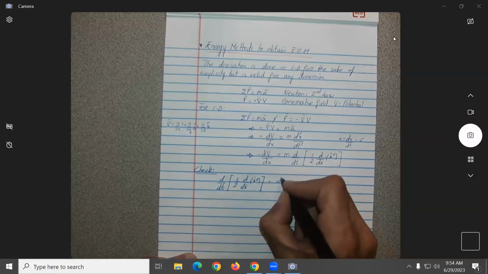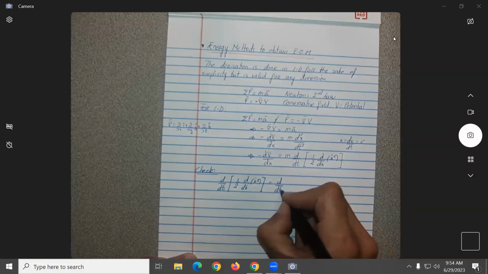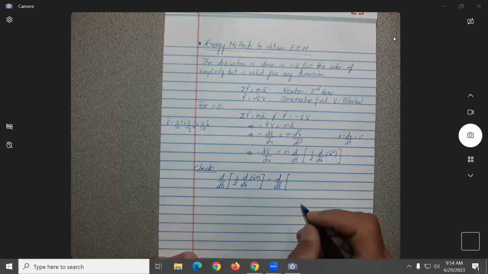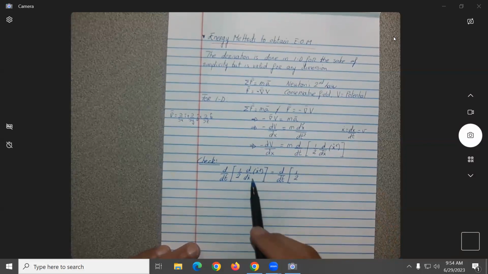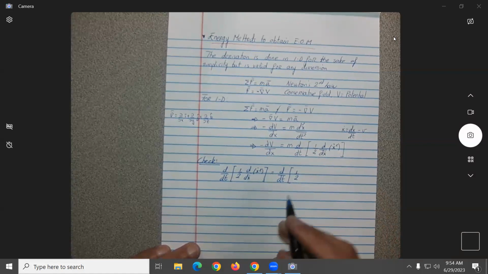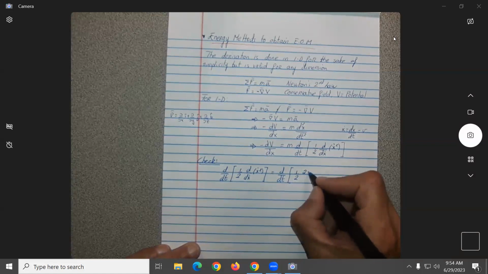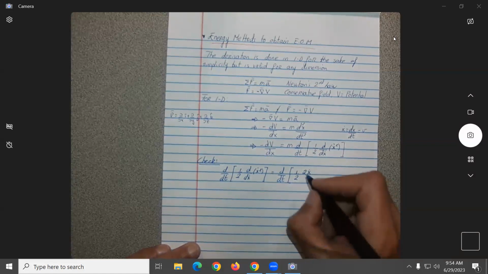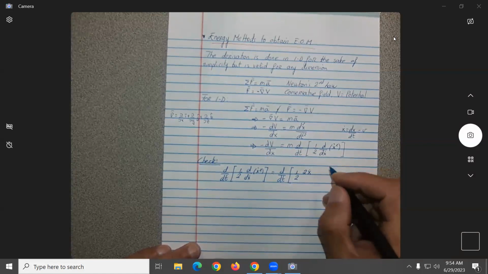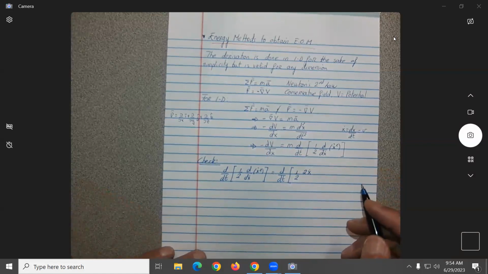This should be equal to what? d/dt of, the 1/2 we don't touch, now we take the derivative with respect to x dot, so it should be equal to 2 x dot. That's it.